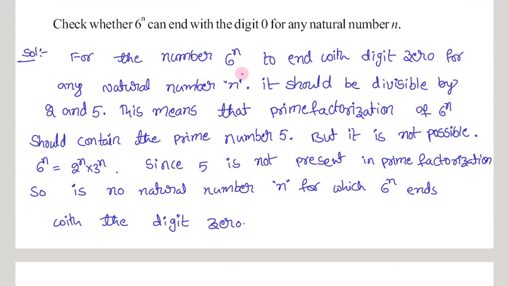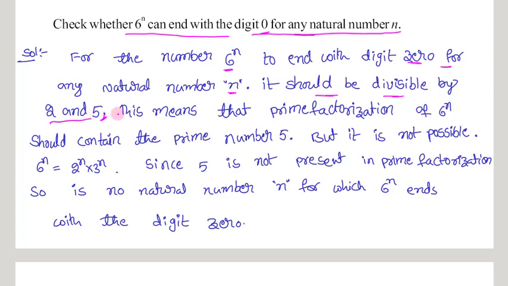Check whether 6 to the power of n can end with the digit 0 for any natural number n. For the number 6 to the power of n to end with the digit 0, it should be divisible by 2 and 5.